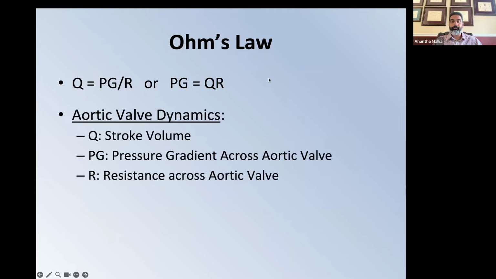Okay, simple. When we're talking about aortic valve evaluation and aortic stenosis evaluation or aortic valve dynamics, the flow in this case refers to stroke volume. The pressure gradient refers to the pressure gradient across the aortic valve. And the resistance, similarly, describes the resistance across the aortic valve.